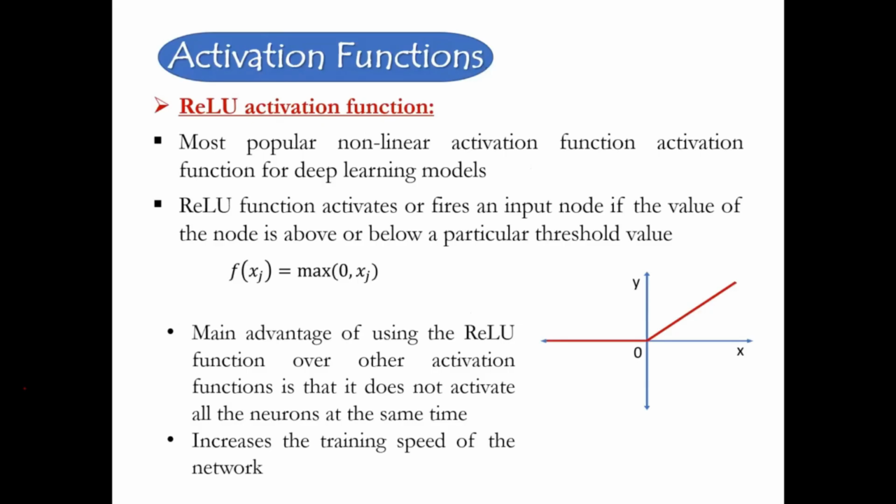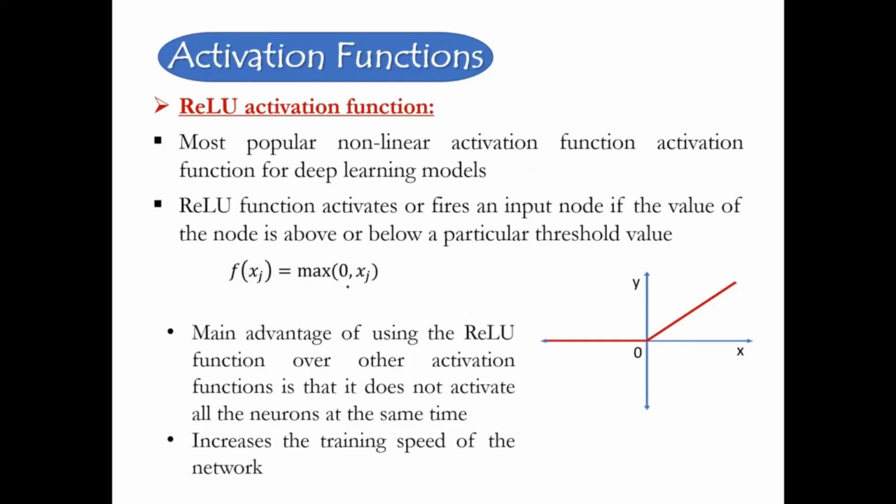In CNN, we use the ReLU activation function. It is a nonlinear activation function. In most deep learning models, we use ReLU, and some advanced versions of ReLU are also there, like leaky ReLU.